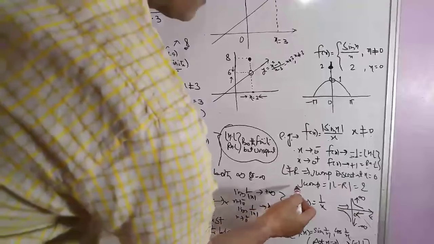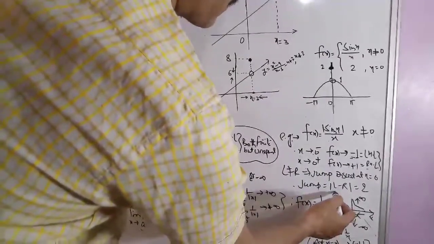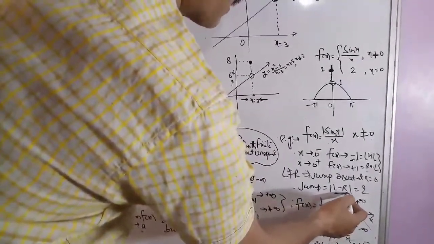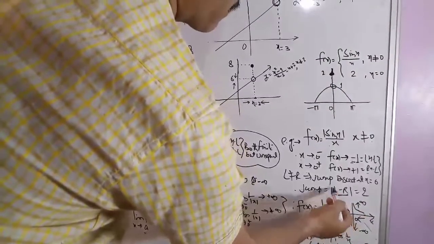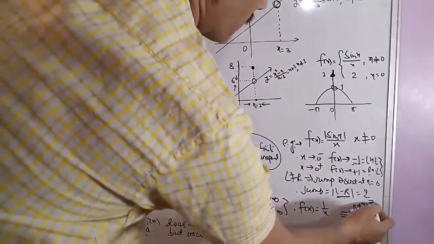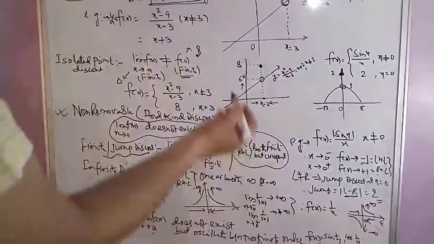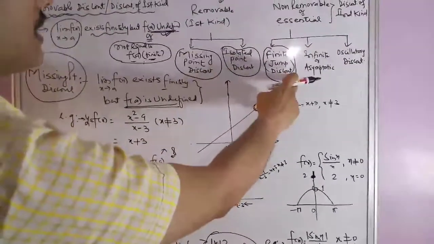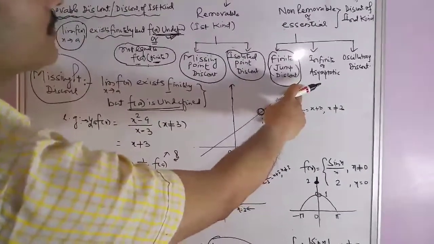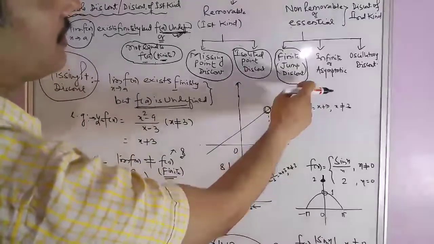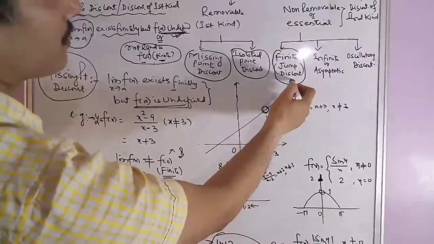Here we find the jump of the function: the modulus of left hand limit minus right hand limit, or right hand limit minus left hand limit, equal to 2. So a question arises here. In case of jump discontinuity, does the limiting value exist or not?